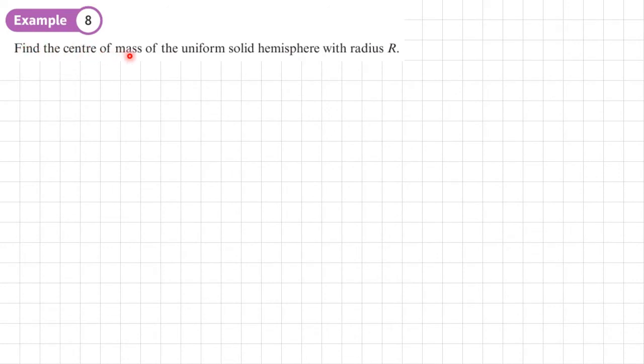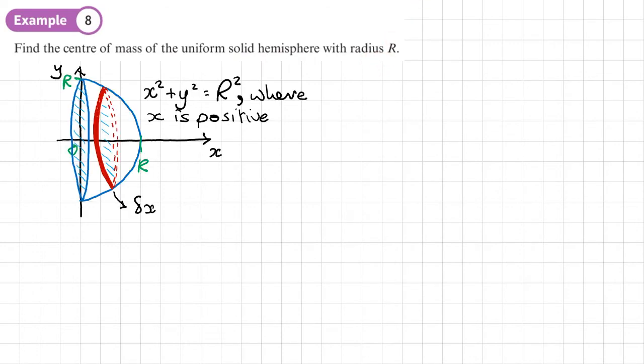Example 8, find the centre of mass of the uniform solid hemisphere with radius r. So here's my diagram, hope it sort of makes sense. It's my hemisphere. Here's one of my little discs here of width delta x. Then we also need to know the equation which bounds this hemisphere.